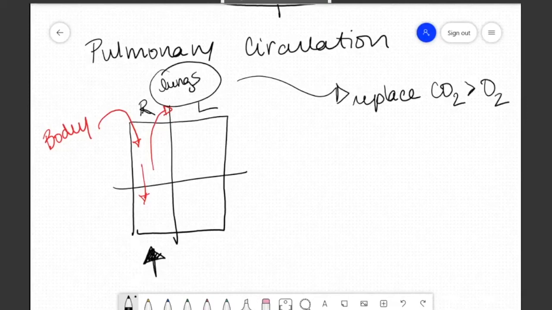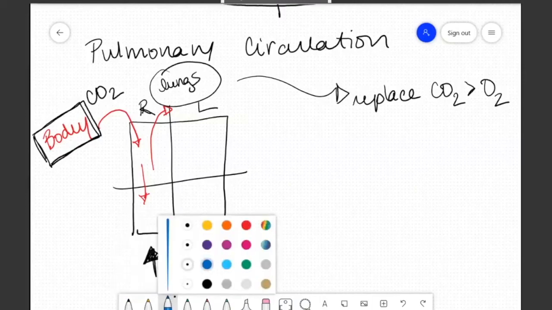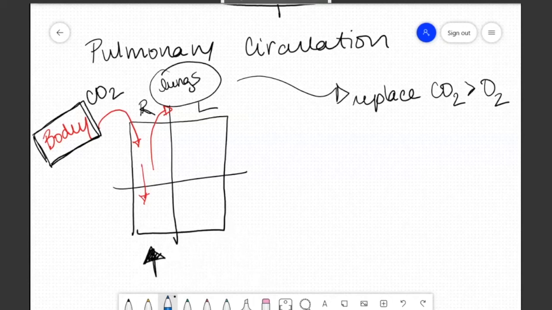The reason we know it is carrying CO2 is because it is coming from the body. If blood is entering the heart from the body, it means it has already gone through cellular respiration, it has already gone through the Krebs cycle, it's already done all of the biological processes it needs. So the blood coming in from here is going to be carrying CO2. It is deoxygenated. So this blood right here, for lack of a better way to show it, is not going to be red in any of your drawings.